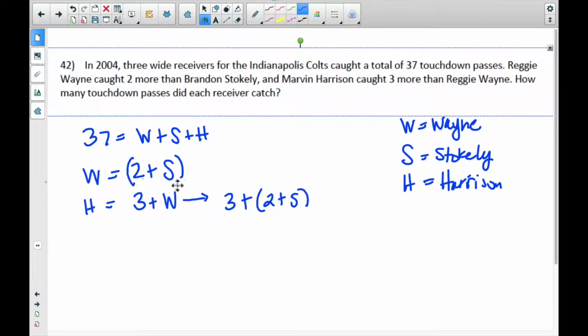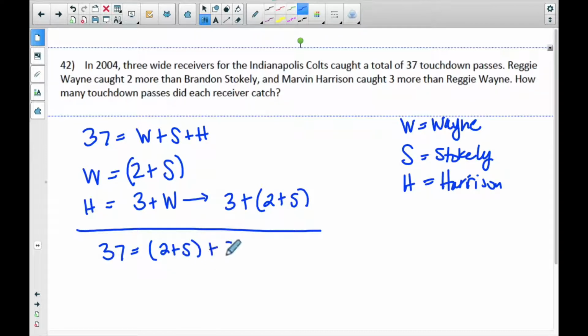Because W equals 2 plus S. Now I have everything broken down in terms of S. So I'm going back to my original equation. For W, I'm going to put in 2 plus S. Stokely is just S. Harrison is going to be 3 plus 2 plus S, or in other words, 5 plus S.